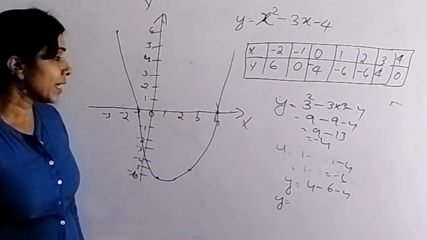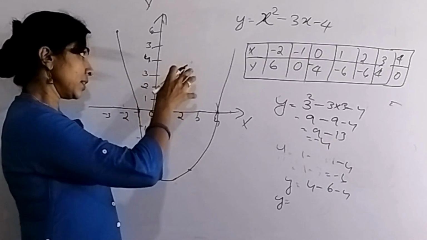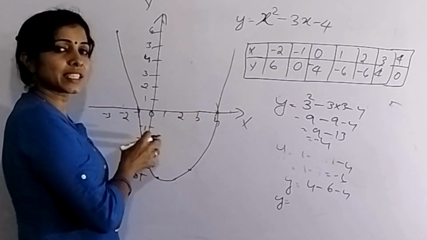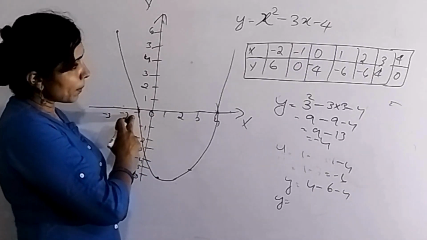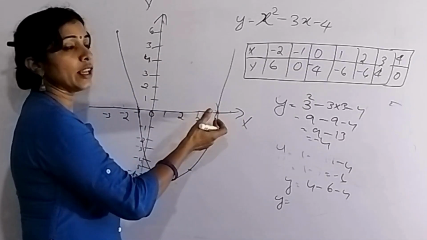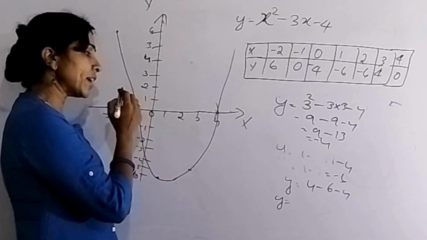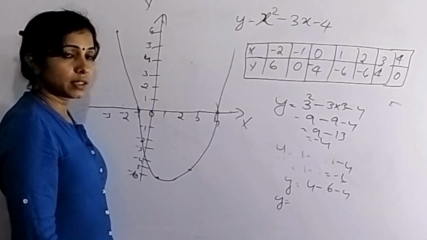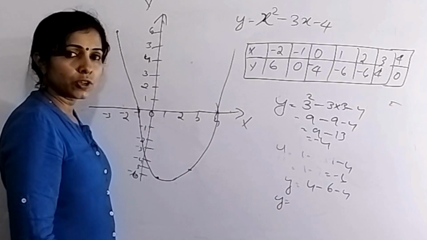So clearly, at which points is the graph intersecting the x-axis? Here x is -1 and x is 4, so the y value becomes 0. So at these 2 points, -1 and 4, the graph intersects the x-axis.